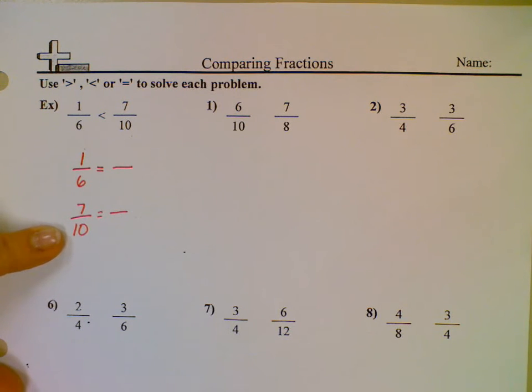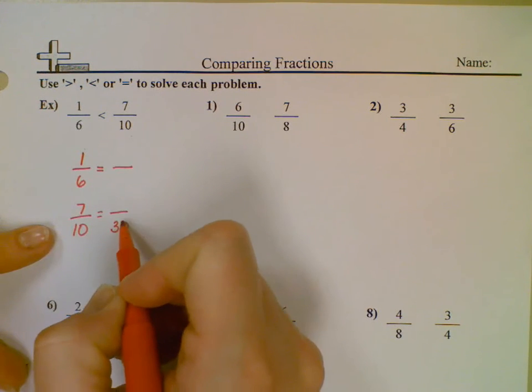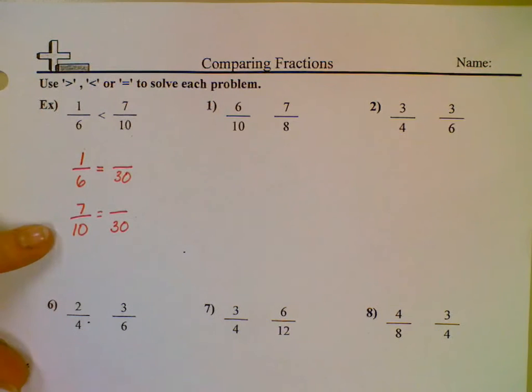And we've got to find the lowest common multiple of 6 and 10, or the least common denominator that we can find. As I'm thinking through my multiples of 10, 10, 20, 30, oh, it seems like we just hit one, 30. 30 is the lowest multiple that 6 and 10 have in common.